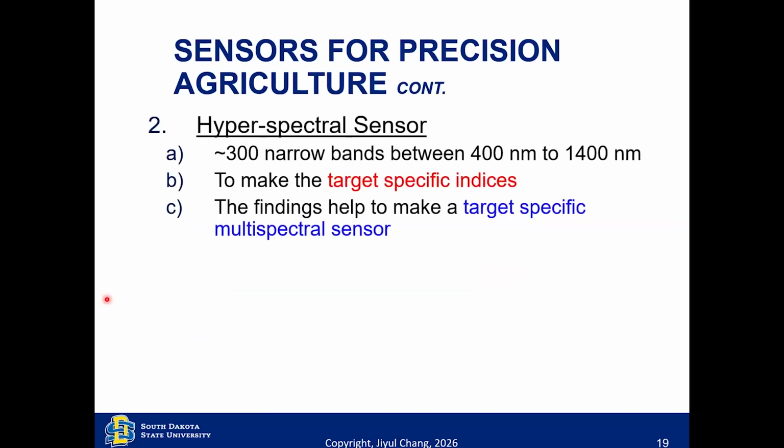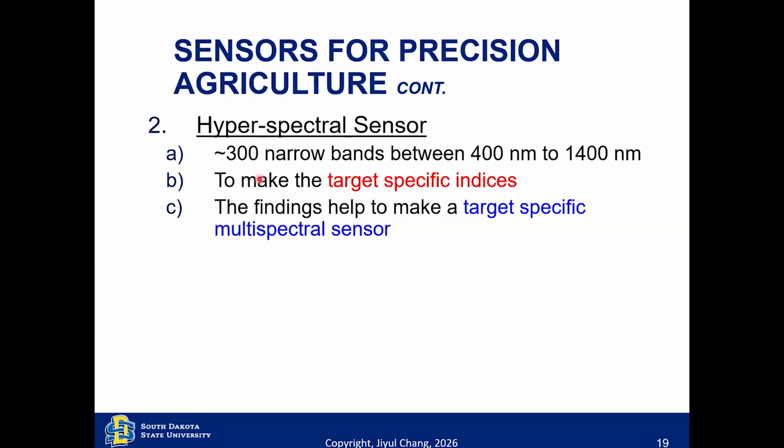Okay, next one is the hyperspectral sensor. The multispectral sensor is mostly 3-band, 4-band, 5-band, 6-band, or something like that. But a hyperspectral sensor has 300 narrow bands, and it can be used to make target-specific indices.